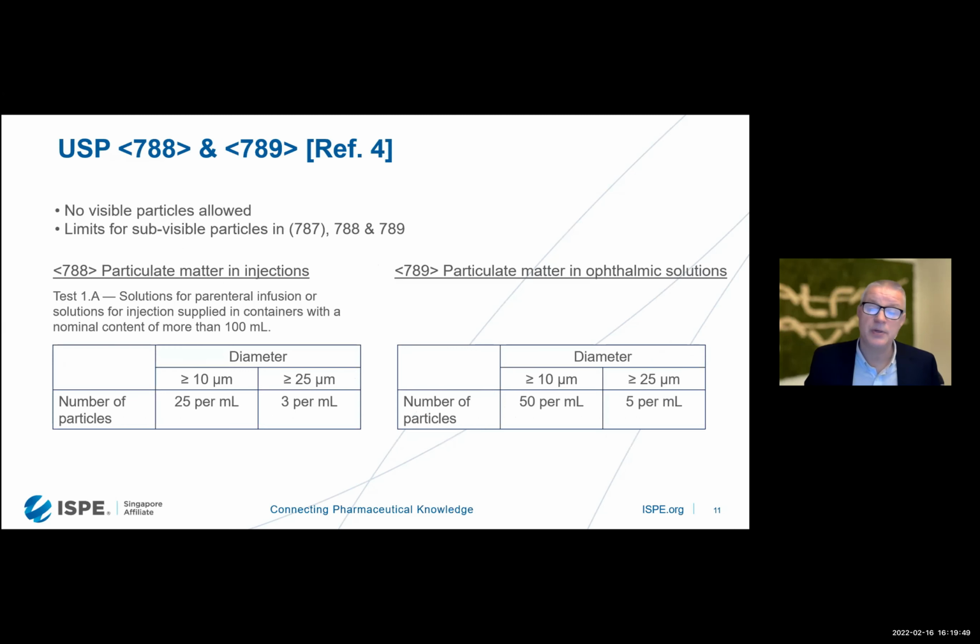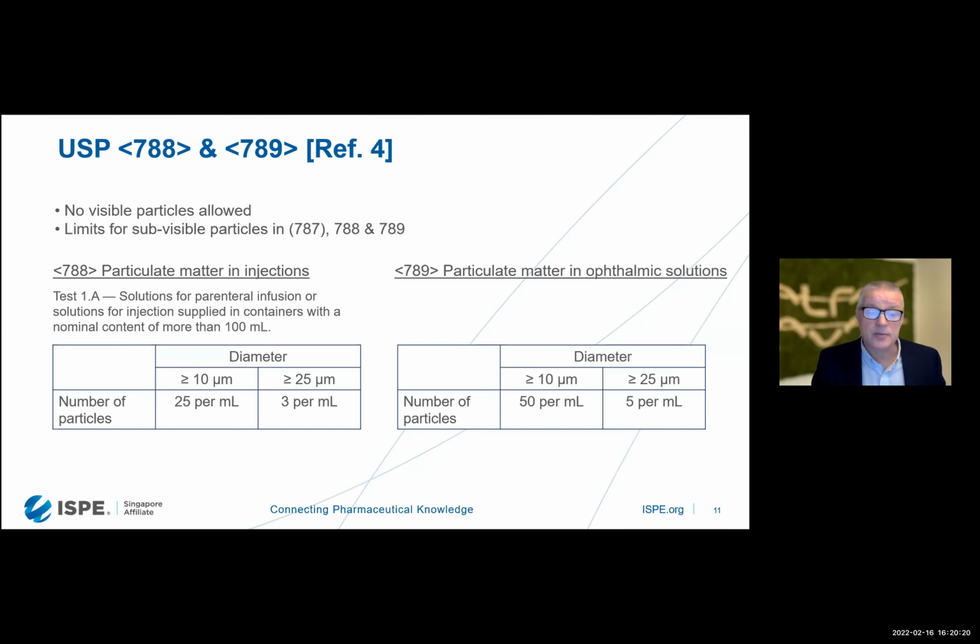In the USP, we can see that in parts 788 and 789, they have a recommendation of particulate contamination for injections in 788, and in 789 it's for ophthalmic solutions. Typically when you're working with water for injection, you are using this for injectables or for eye liquids.